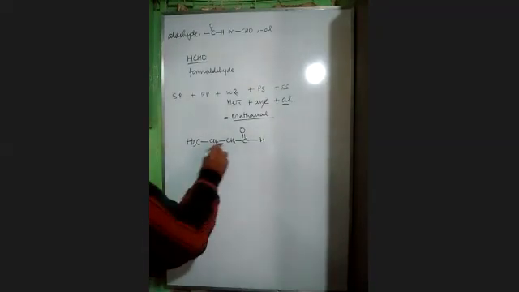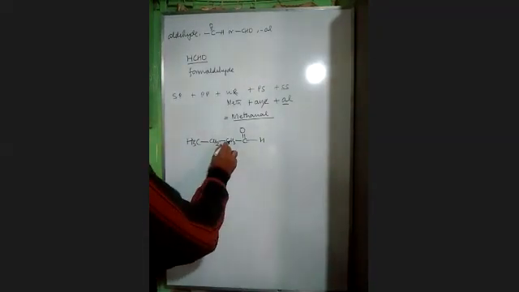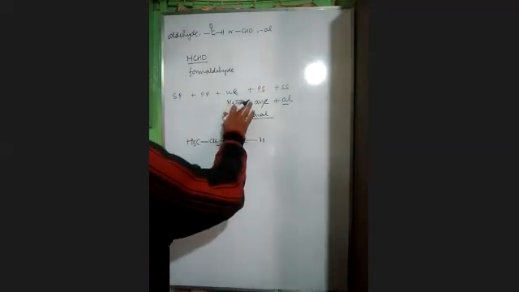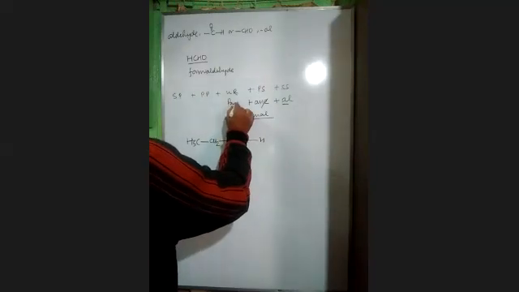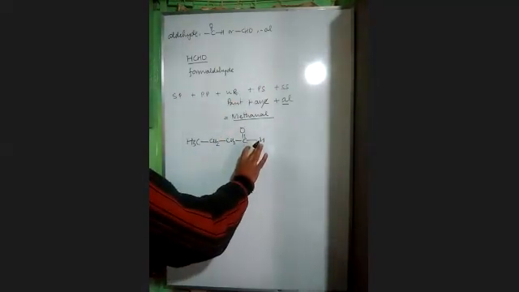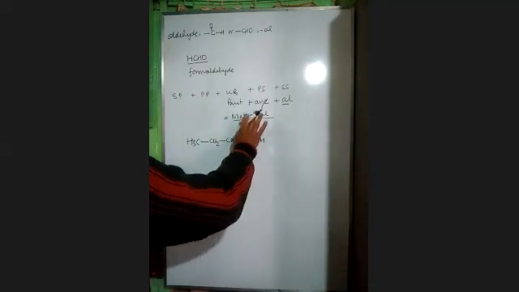So in that case, either you can put the number of the carbon as 1 or you need not write it. Say I have taken this: 1, 2, 3, 4. In this case, the word root is but. It does not have any carbon-carbon double bond or triple bond, so you write an.